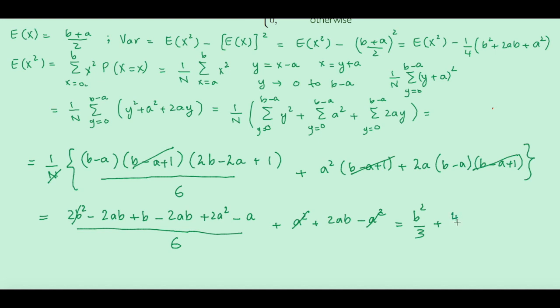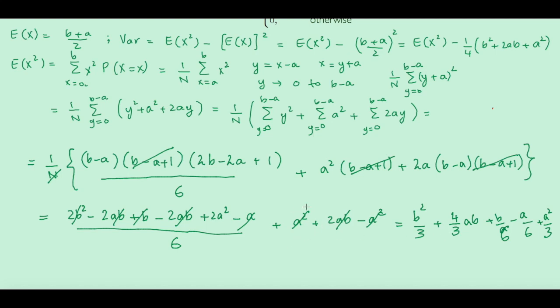It's 4 over 3. Then we have b over 6 and a over 6, and then we have a squared over 3.